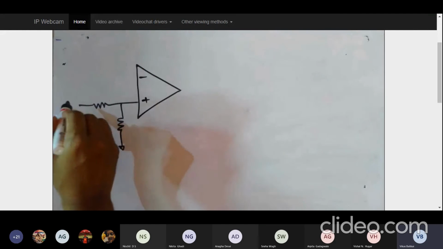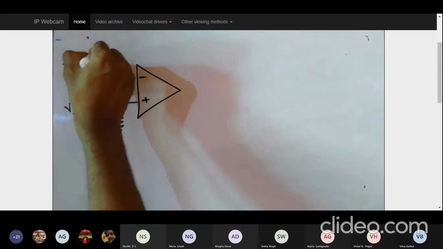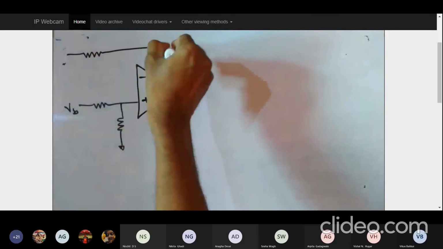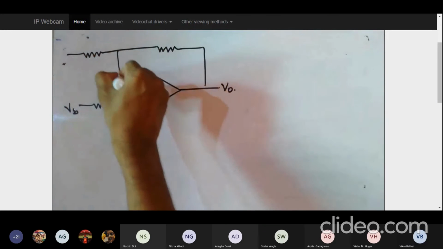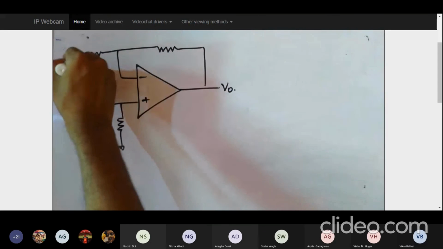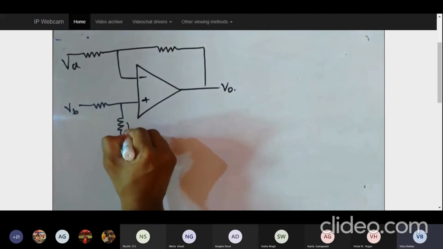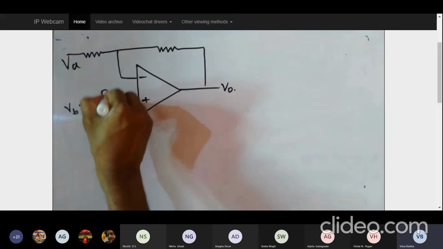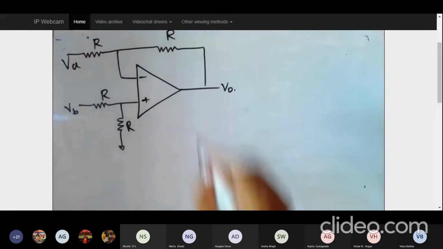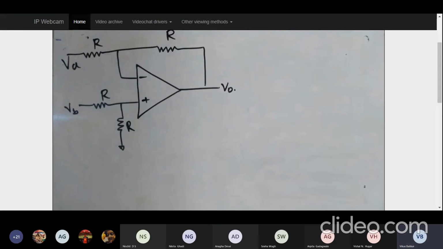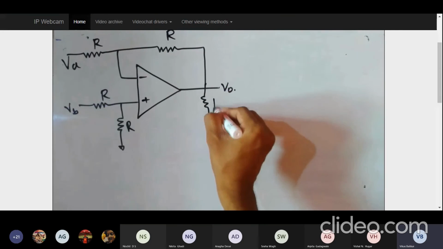So this is my VB, this is my output voltage, this is my VA, and for convenience I'll be considering all the resistances to be equal to R, and of course there will be a load resistance, let us not forget that.